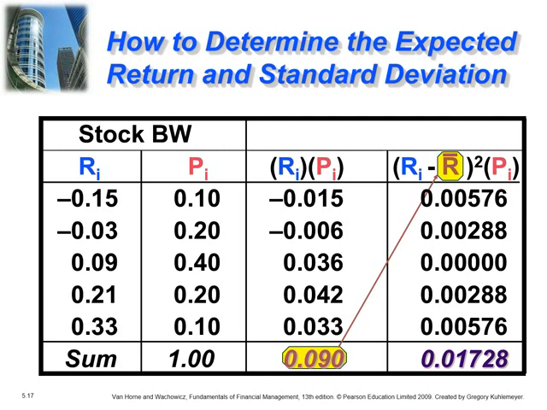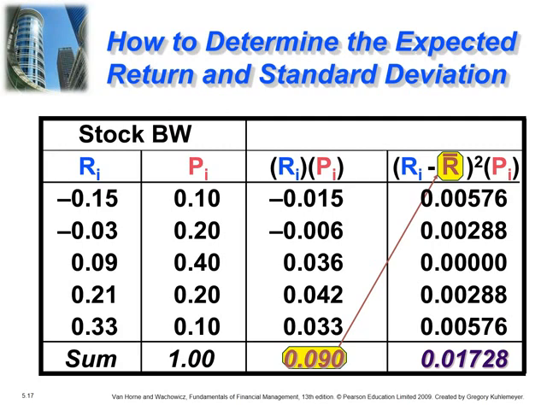The third number in the fourth column equals 0.09 minus 0.09 squared by 0.4. But of course 0.09 minus 0.09 equals 0, so it came out 0 without the square and without multiplying by the probability.